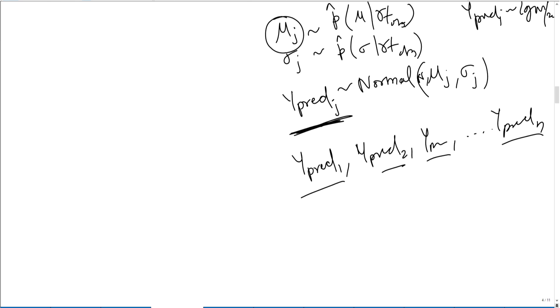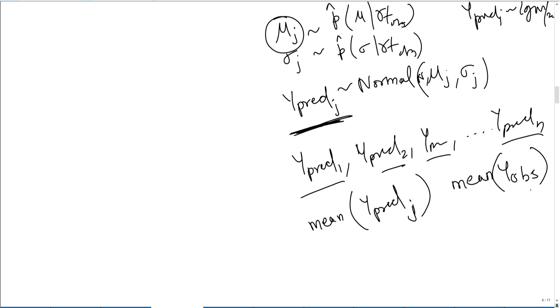Now, you want to compare whether certain properties of the observed data are not captured by your predicted data. In order to do that, you can calculate certain test statistics or summary statistics of your predicted data. So let's say you calculated the mean of each of the samples ypred 1, ypred 2, and so on, and compared the distribution of these means against the mean of the observed data.